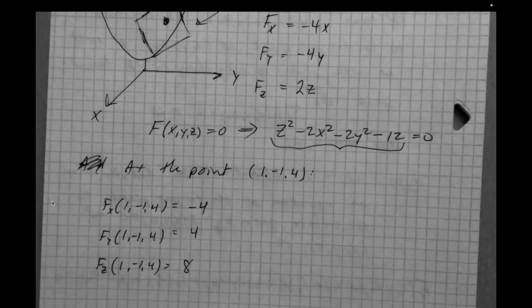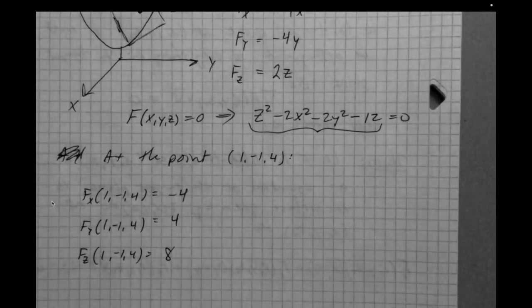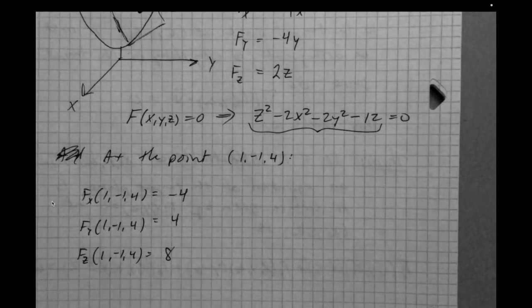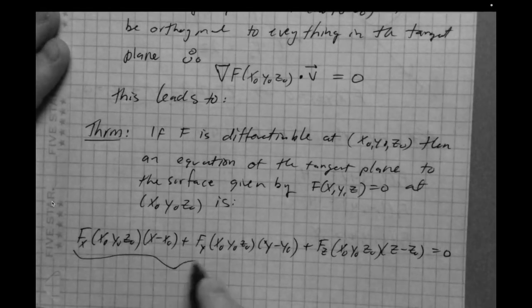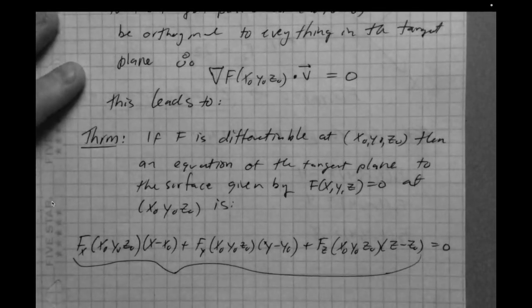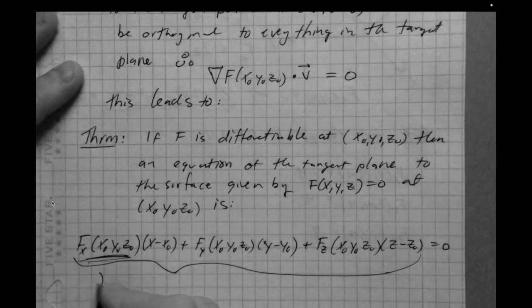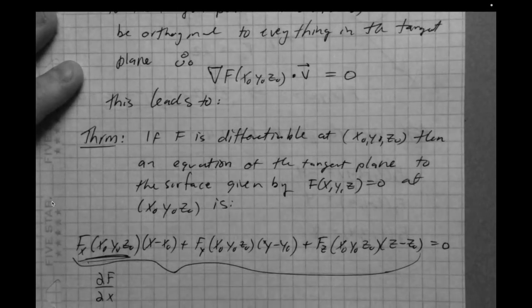Okay, so we've got those pieces. And so we can just plug this into the expression. Now, I won't rewrite the equation. I'll just show it to you and point at it. It's on the other side of this page. It's this guy here. So this is just the partial del f, del x.